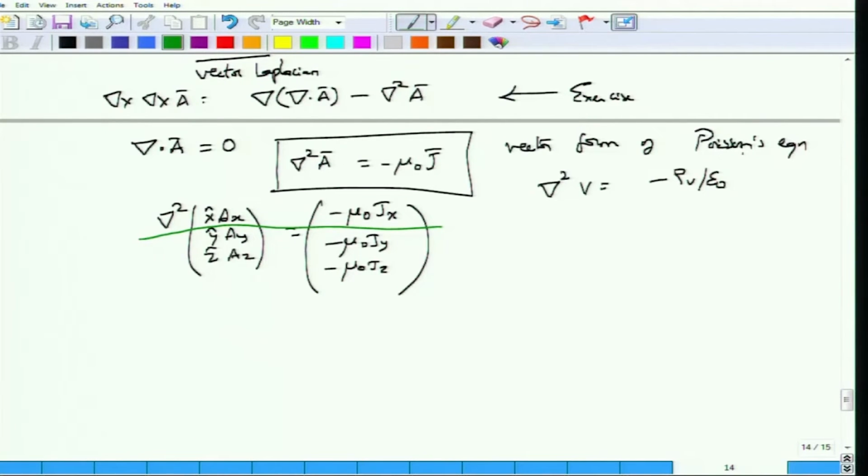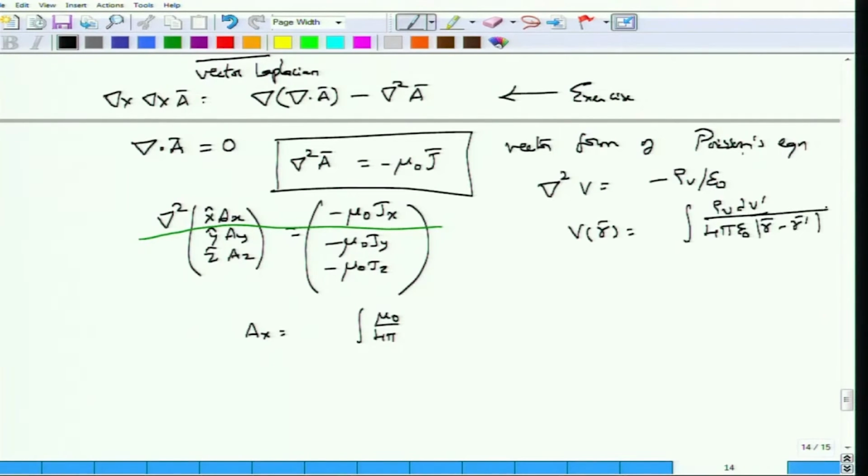At least formally I know what to write down for Ax. Ax will be the integral of mu 0 by 4 pi. See, for del square V equals minus rho V by epsilon 0, the expression for V was the integral of rho V dV prime, which is the volume charge integration, divided by 4 pi epsilon 0 magnitude of r minus r prime.